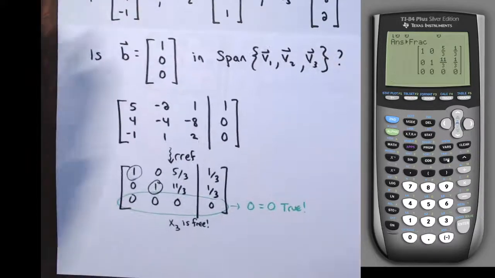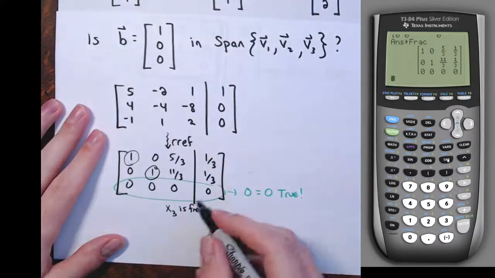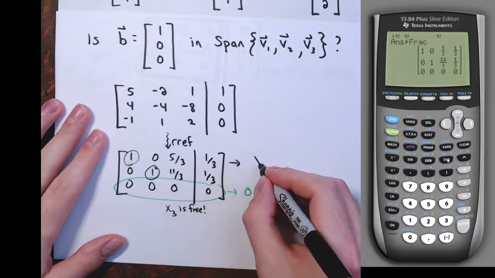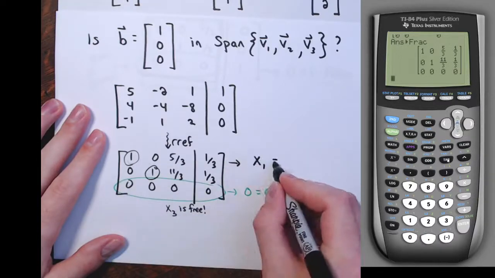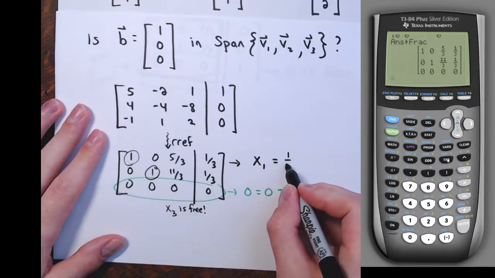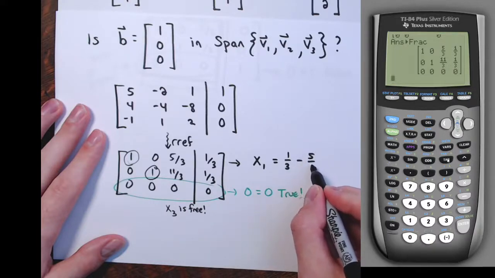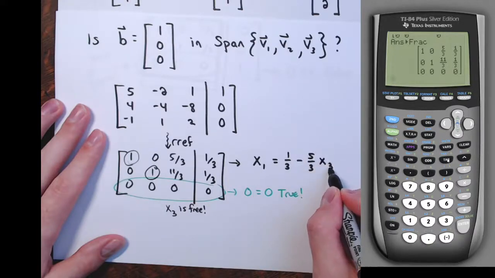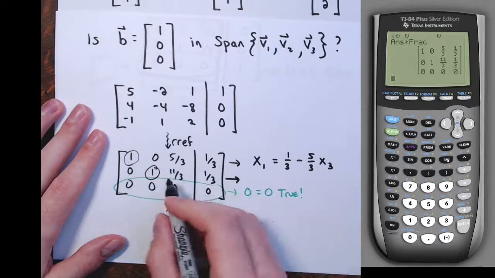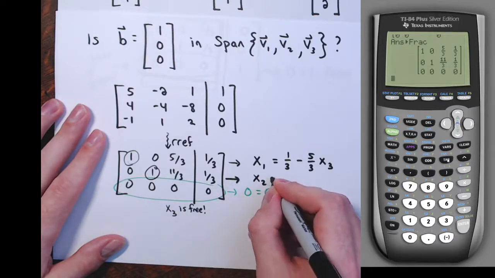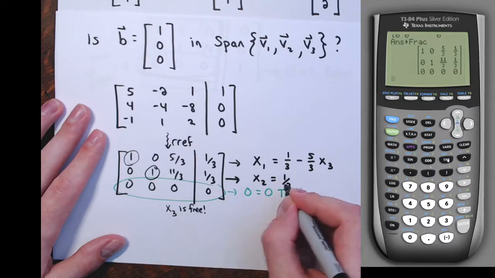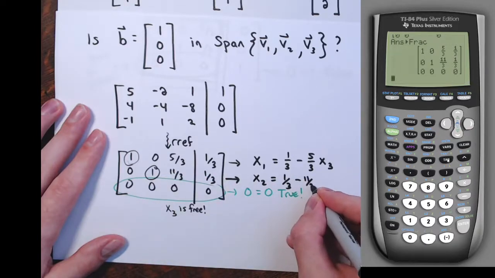So let's test that out. So remember, x3 is free. From the first row, x1 would be equal to 1 third minus 5 thirds times x3. And from the second row, x2 would be equal to 1 third minus 11 thirds times x3.